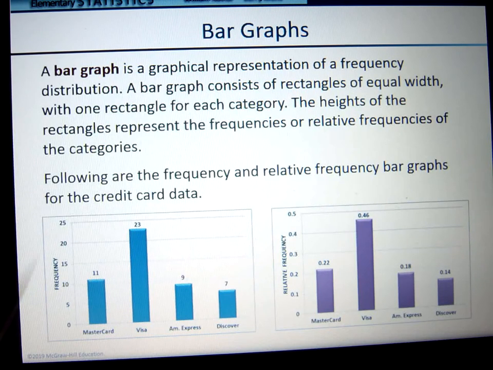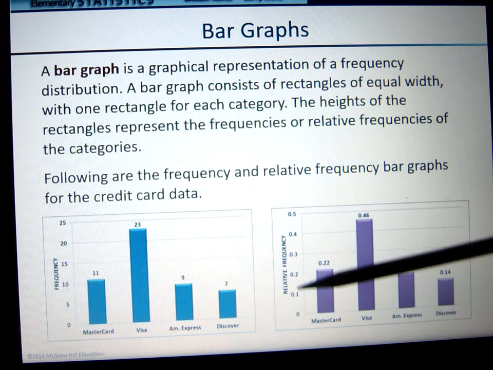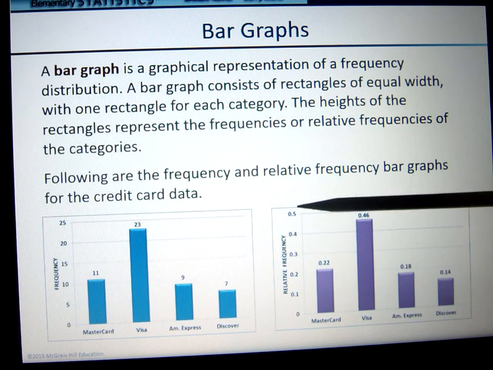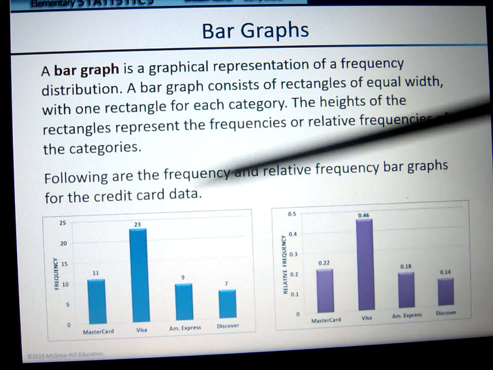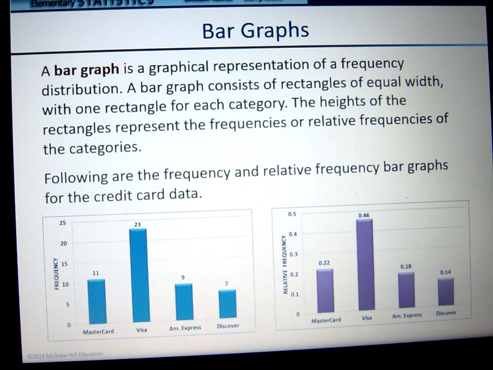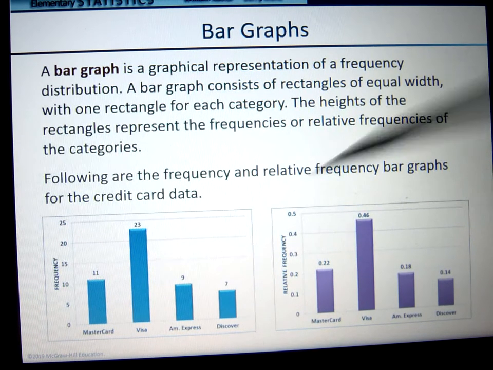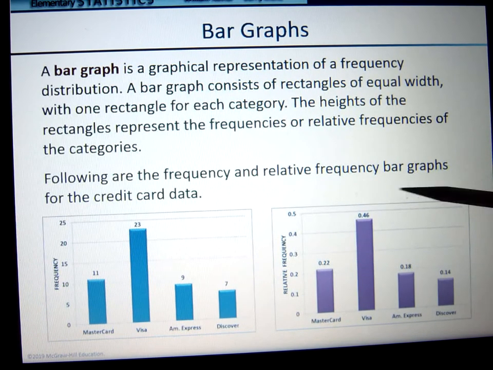Now, when you take a look at these, you'll also notice that they look similar in nature. It's just because our scale over here is in relative frequency, and this is in frequency, which is actually how many, that the numbers are different. But as long as you keep your scale the same between the two, the distances between the two the same, you're going to have bar graphs that look the same.